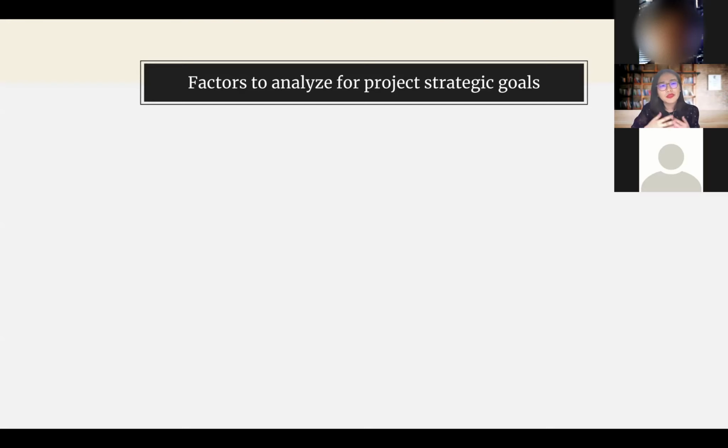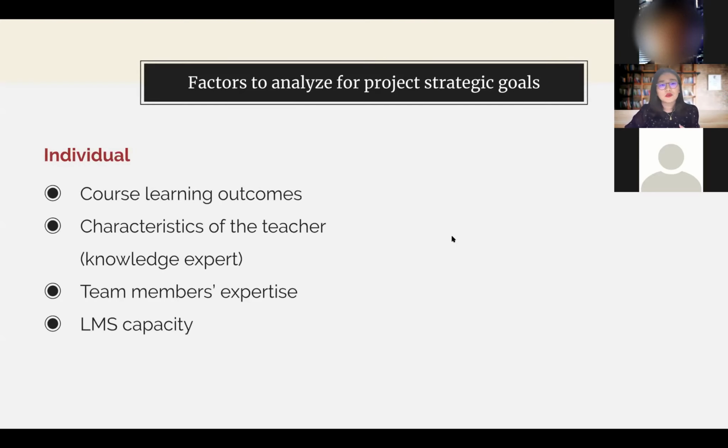And with that goal in mind, your design considerations will be quite different. And now I'm gonna give you just a list of several things you want to consider when you analyze, when you determine your strategic goals.